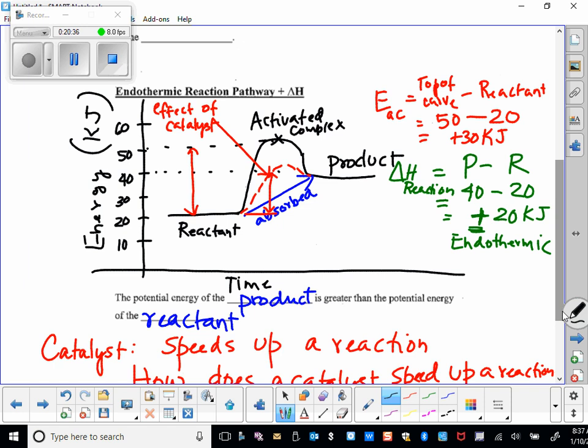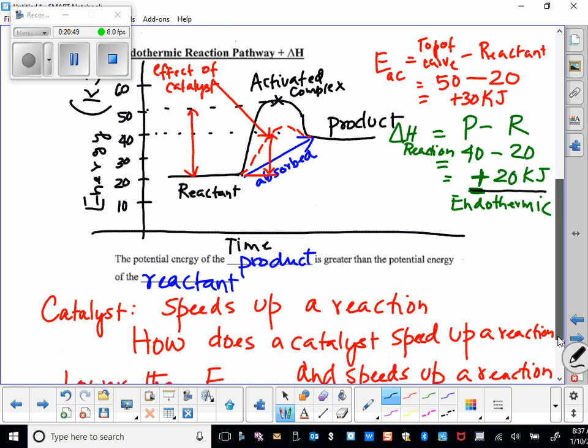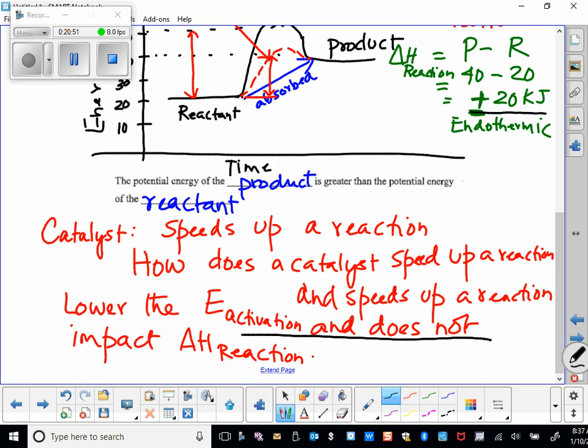So, this is my heat of reaction, this minus this. I added the catalyst. Now I wrote something else also. What did I write?